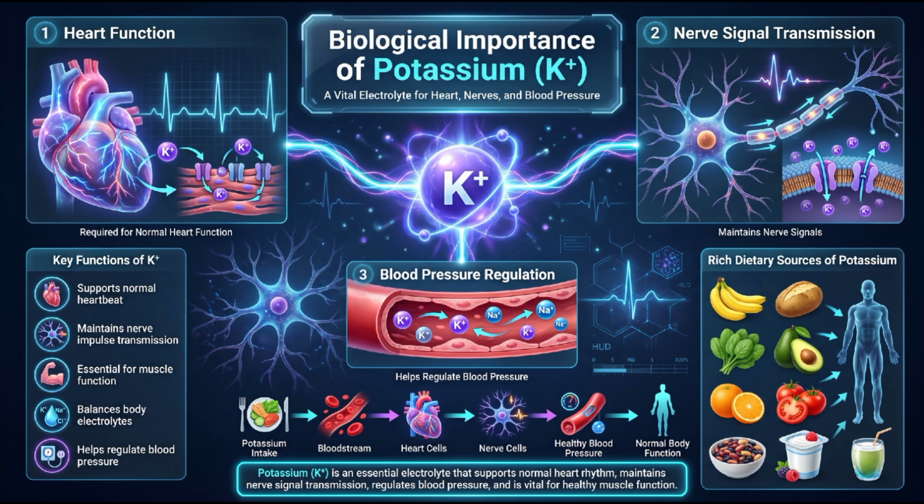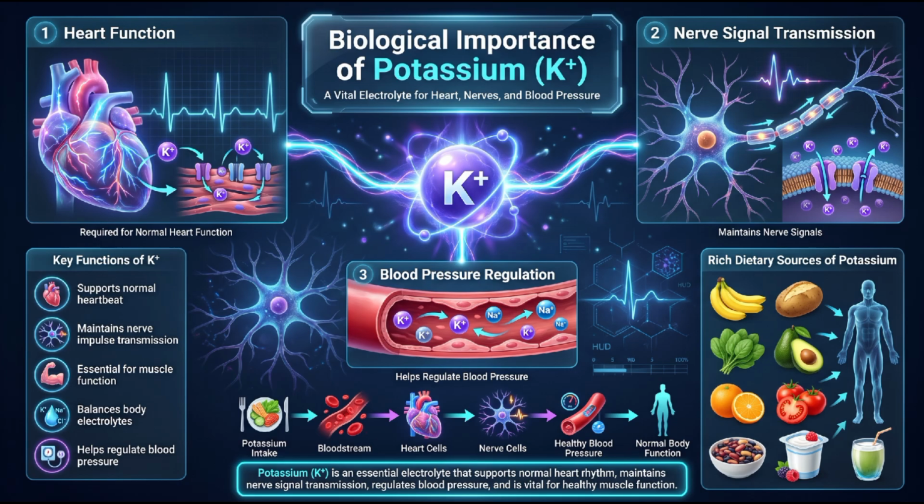Their concentrations are continuously regulated by the sodium-potassium pump, a specialized membrane protein that actively transports sodium ions out of cells while moving potassium ions into cells. This active transport mechanism maintains the resting membrane potential required for nerve conduction, muscle contraction, and many metabolic processes.